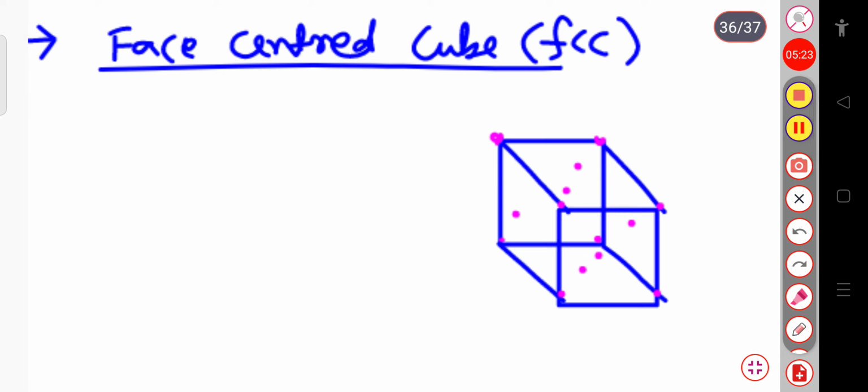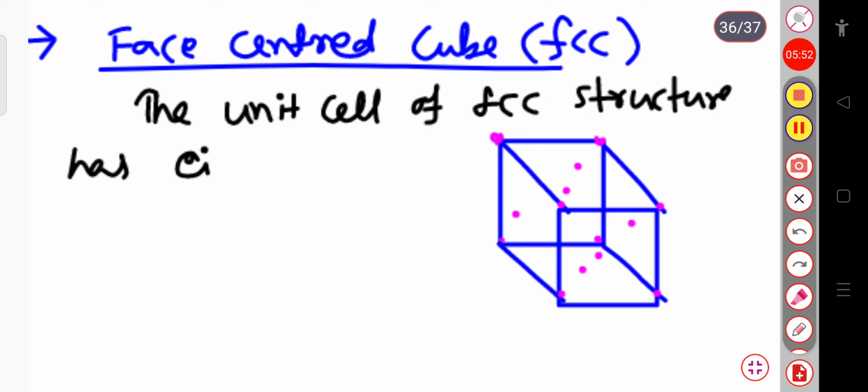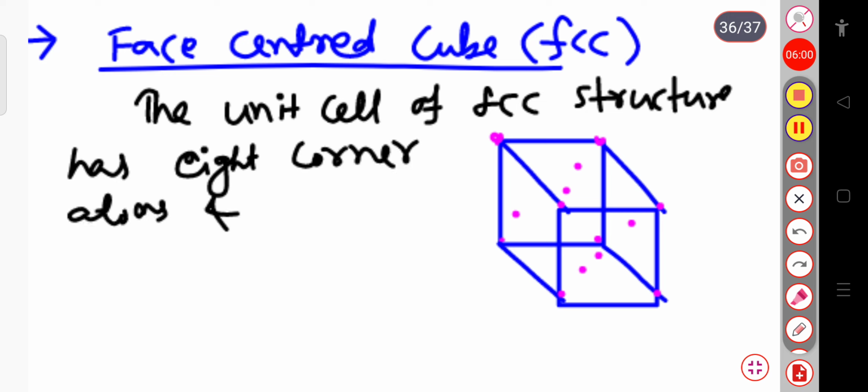So we can write that the unit cell of the face centered cubic structure, the FCC structure, has 8 corner atoms and 6 face centered atoms.